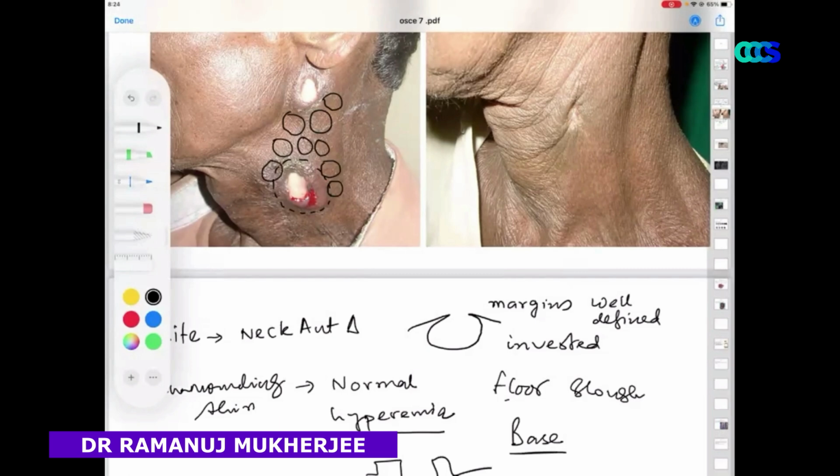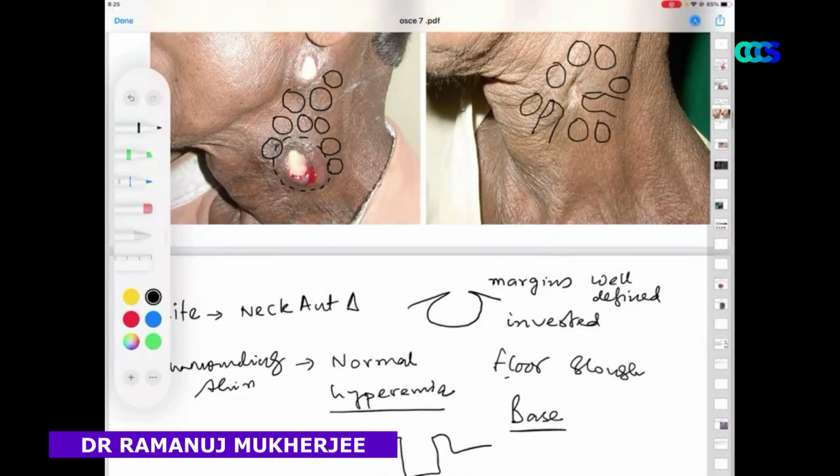So when you are palpating the base, and equally the sinus, remember the underlying structure is the node in the neck, so the sinus may be fixed to the underlying node.